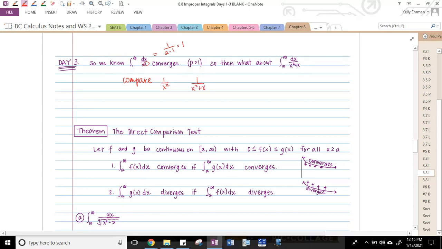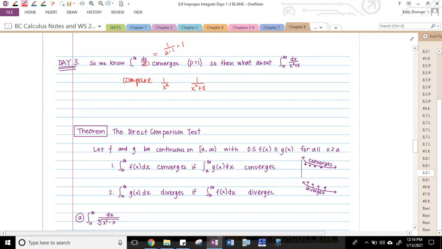Which one of those is larger than the other? And you can figure this out by thinking about plugging numbers in. Like, say we plug in 2, 1 over 4 compared to 1 over 4 plus 2. 1 over 4 compared to 1 over 6. 1/4 is bigger than 1/6. And that should always happen, right? On this interval, we're plugging in positive numbers for x, right? 1 to infinity or 10 to infinity.